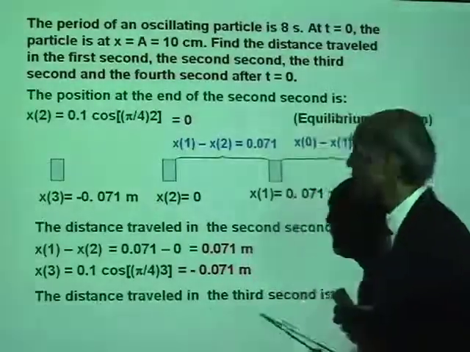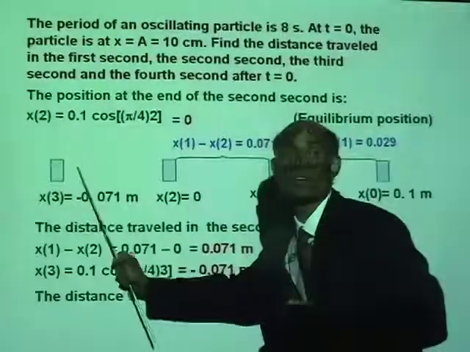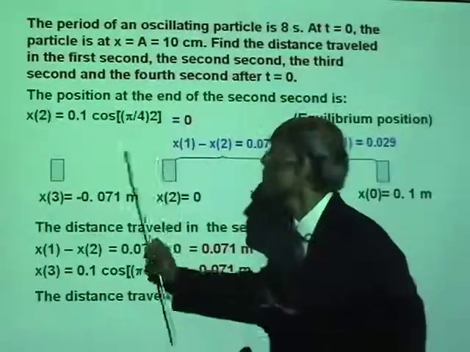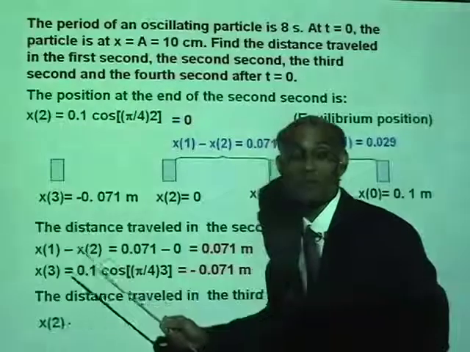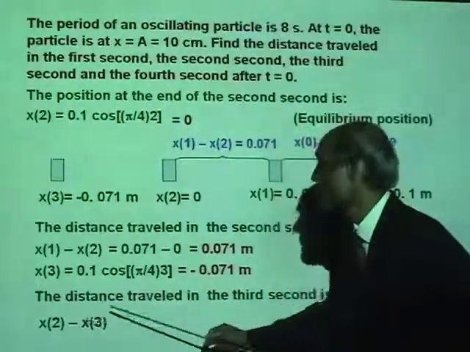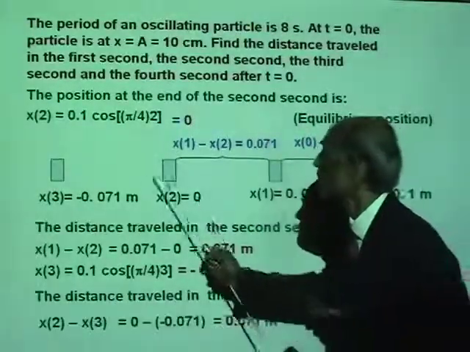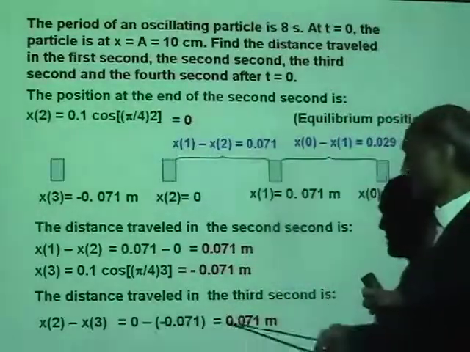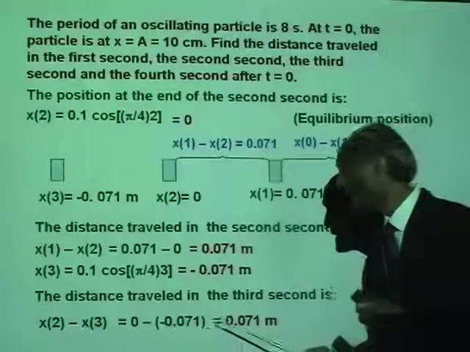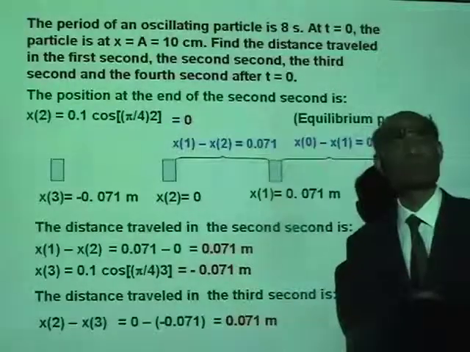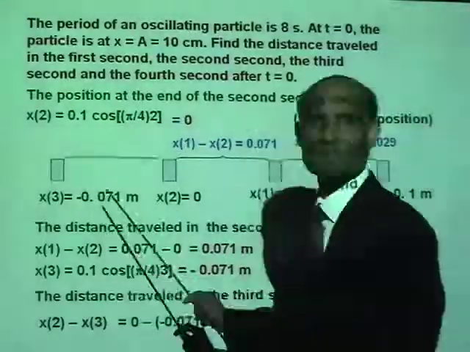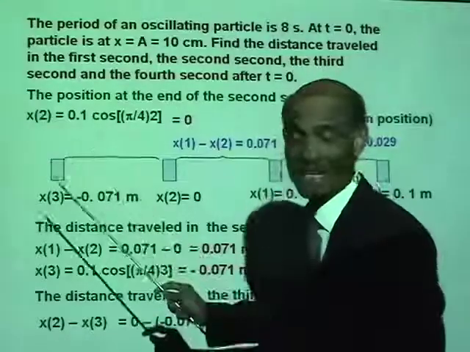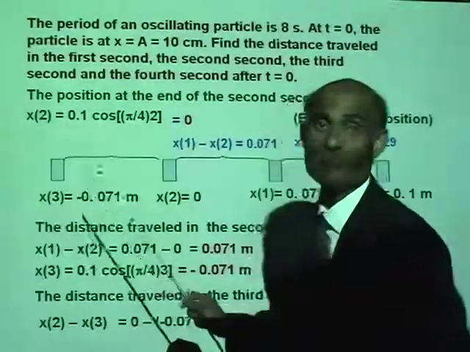So the distance traveled in the third second is x2 minus x3. Is that right? x2 minus x3, that is 0 minus negative 0.071, and that is 0.071 meter. In the third second, look at the symmetry here one more time.